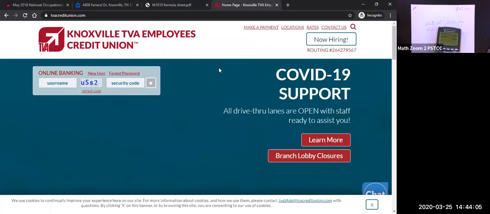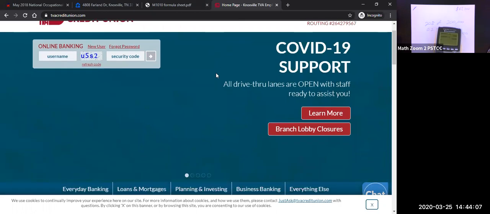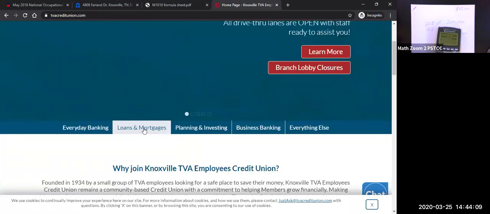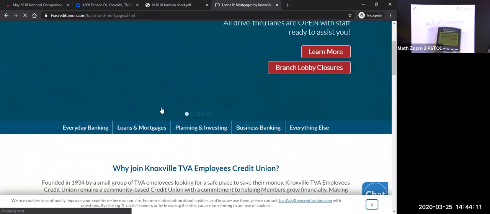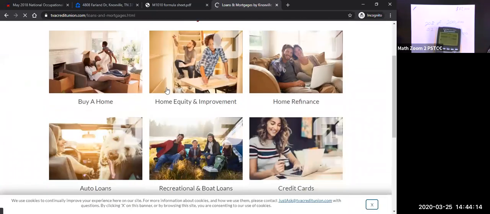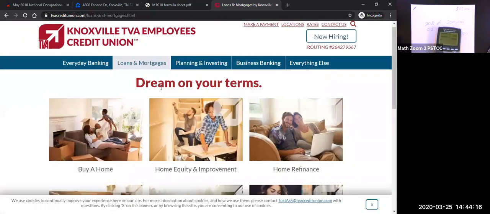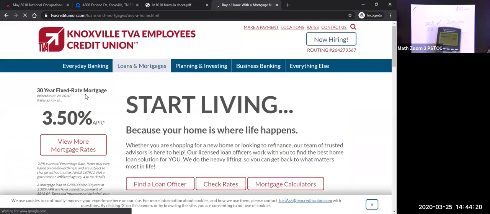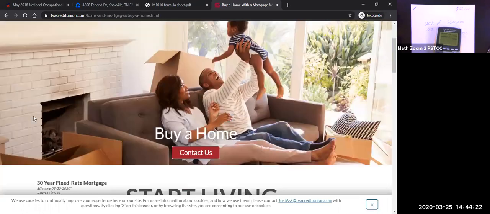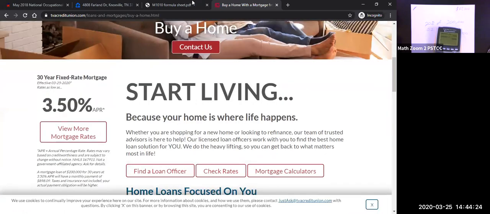So here, I'm looking at my bank, which is TVA Credit Union. If I go to loans and mortgages, I can see what kind of rate they have. Buy a home. They're advertising 3.5%, which seems fair, so I'll use that number.